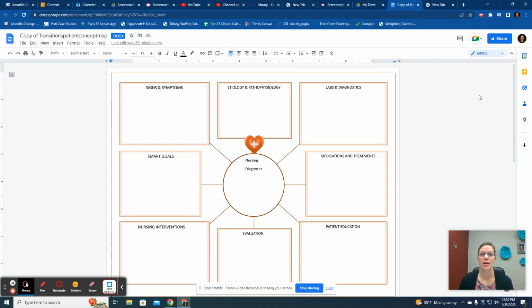So we're going to look at this concept map, and the first thing we have to do is figure out our nursing diagnosis. The way that you use your nursing diagnosis handbook is to take the medical diagnoses that the patient has and use the pages at the front of the book that have green edges and look up your medical diagnosis alphabetically.